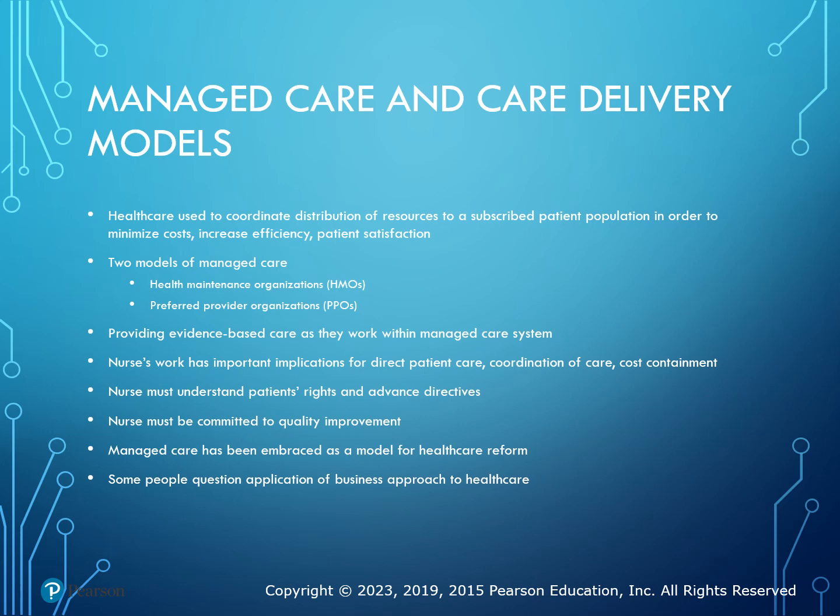Nurses incorporate the nursing process in providing evidence-based care as we work within the managed care system. The nurses' work has important implications for direct patient care, coordination of care, and constant cost containment. For example, the nurse knows that the patient has an order for physical therapy and swallowing evaluations, but also knows that the patient tires easily.